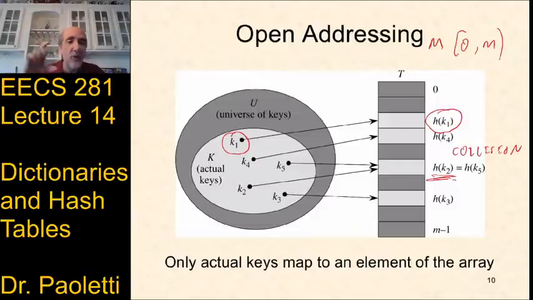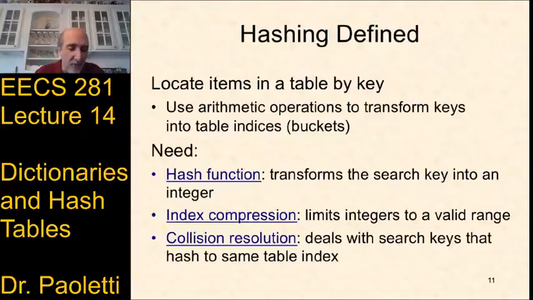Then I need to compress that large range of possible integers into a smaller range that actually fits in the table. So we've got to do a transformation, or we can also refer to it later in the slides as translation.